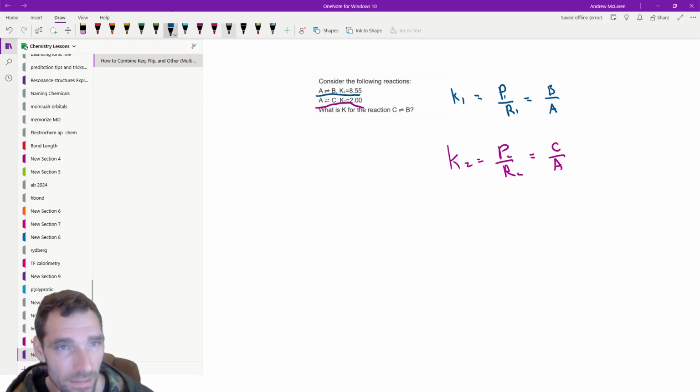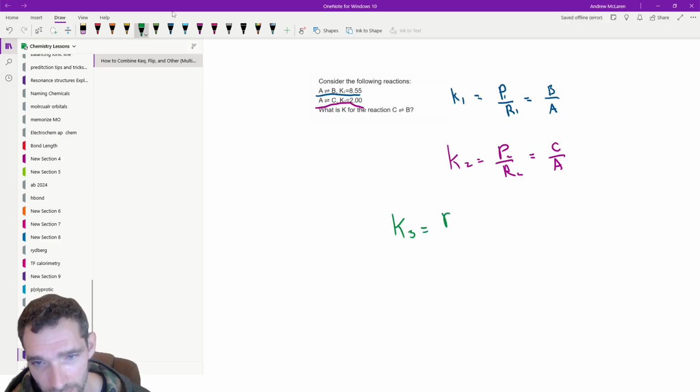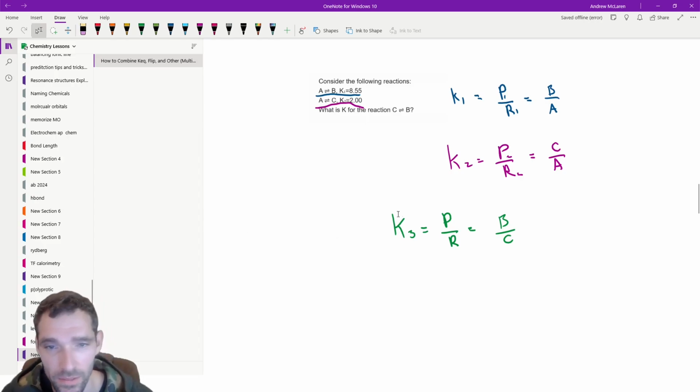If you want to now get this third reaction, let's call that K3, it will be its product over its reactant, which in this case is going to be B over C. If you do a little bit of math, you can see that if I want B over C, I'm going to need to flip this K2.